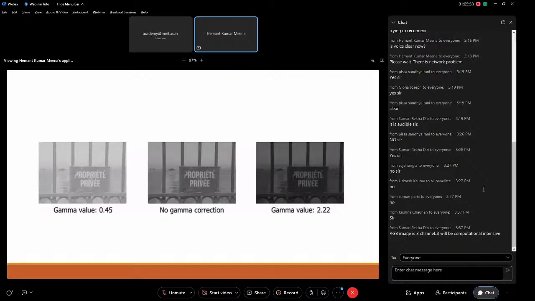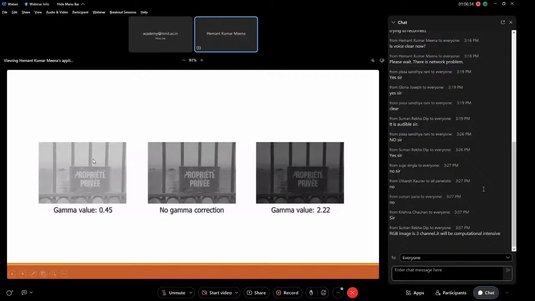Please remember one thing: it is not the color by which we distinguish the image. At the basic level, it is their intensity only. Now coming to the three different images, we want to see the application of these operations at the image level. With no gamma correction, you can see the middle image. With gamma equal to 0.45, recall from the earlier plot that 0.45 is towards the upper side of gamma equal to 1.